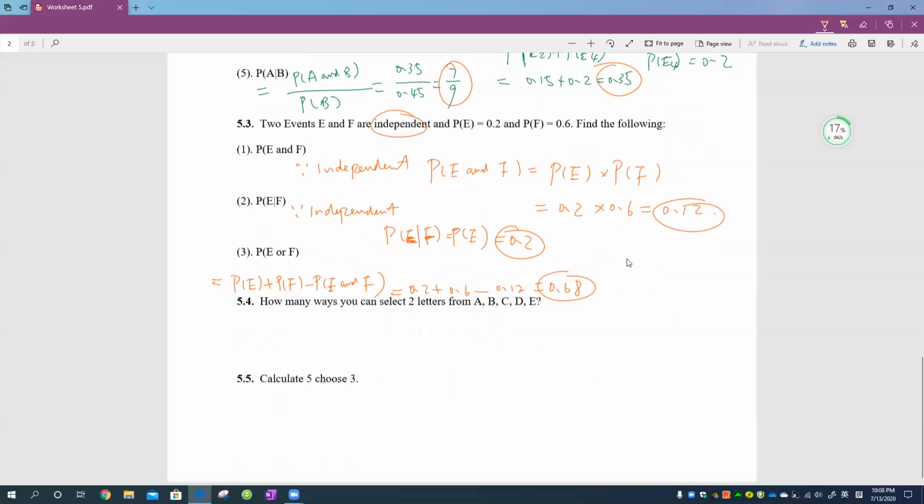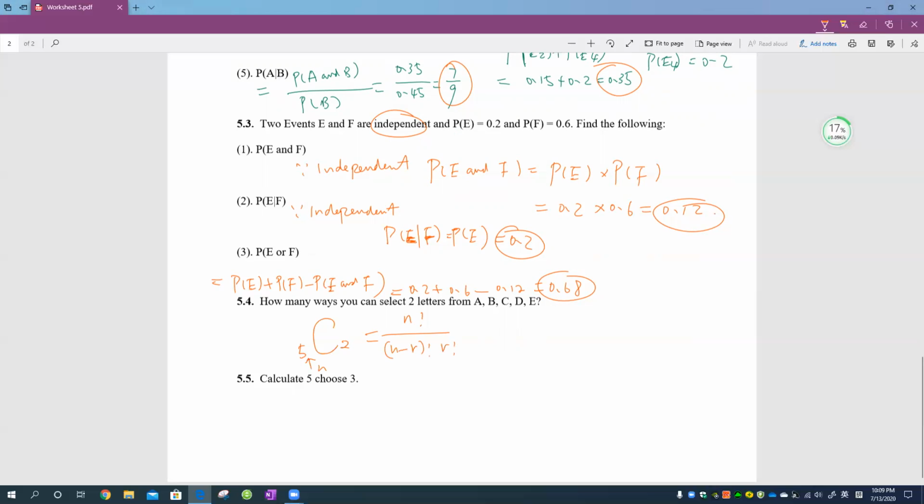5.4. How many ways you can select two letters from A, B, C, D, E? So that's going to be a combination problem. So we're going to choose two letters from this 5-letter pool. Then 5 choose 2. That's going to be n factorial over n minus r factorial times r factorial.